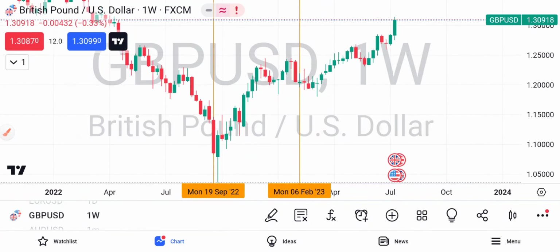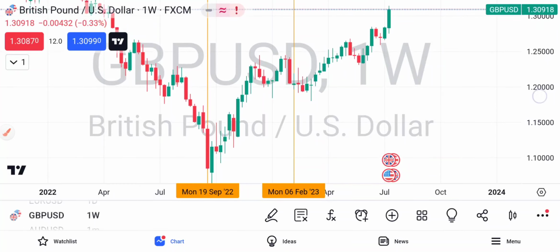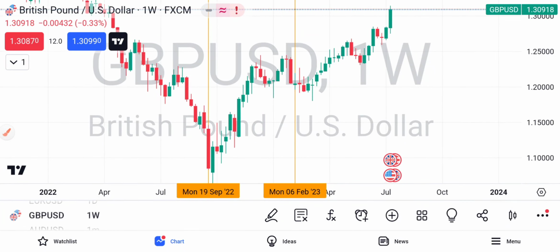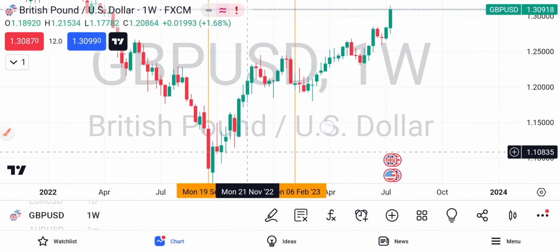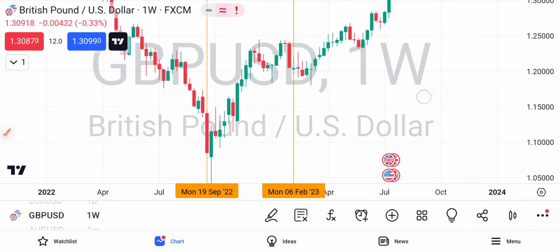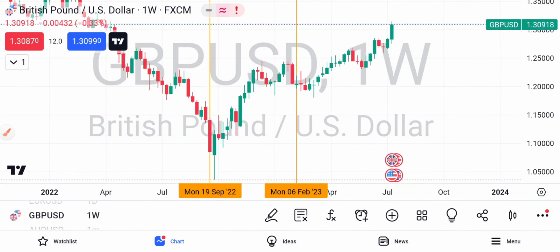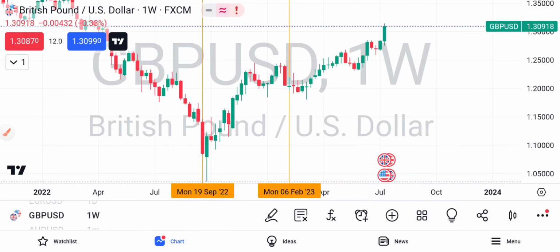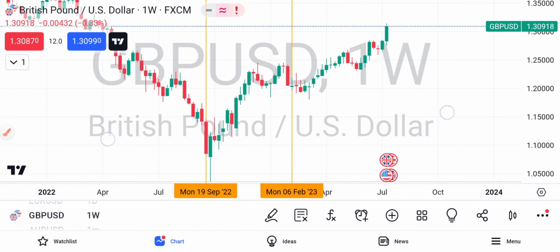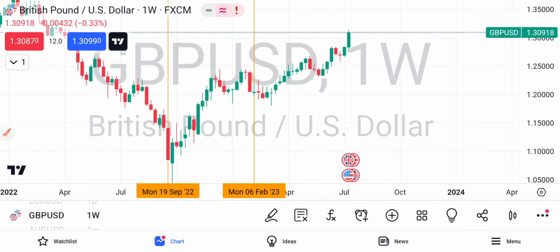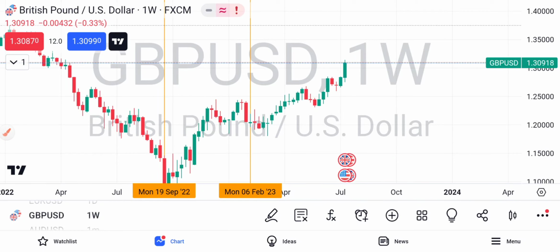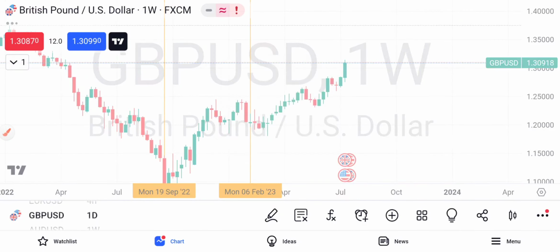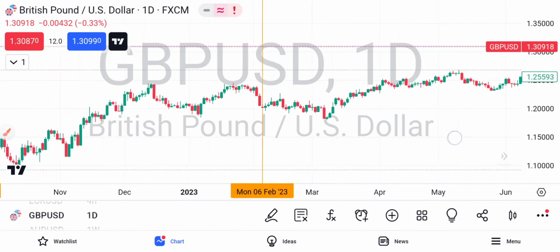Basically, I would have loved to use internal range liquidity from this place to this area, but since we did not know this was going to be a shift in market structure on a weekly time frame, we're dropping down to a 1 day time frame for a clear view from where this orange line starts.